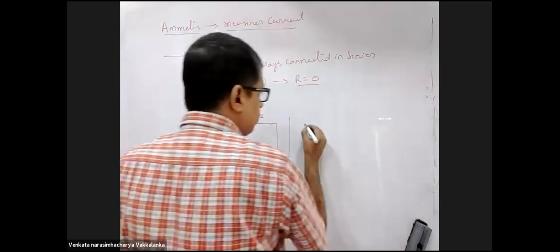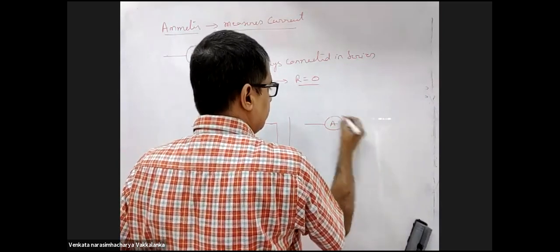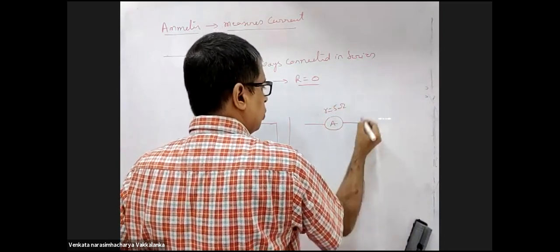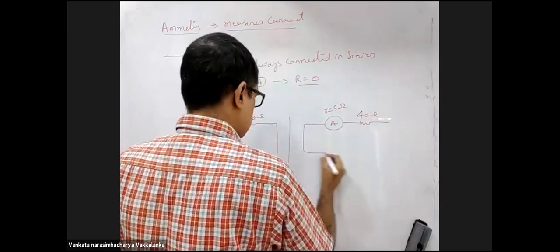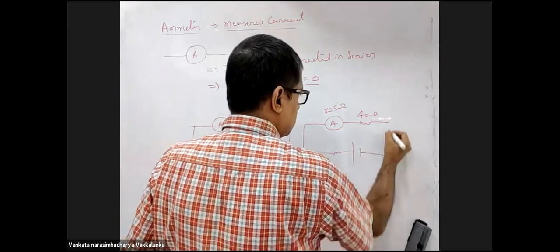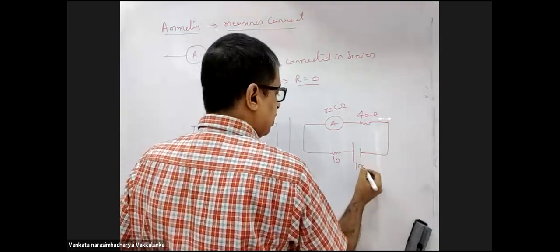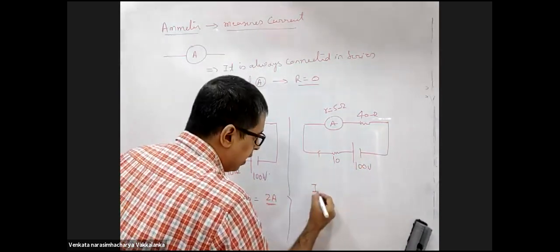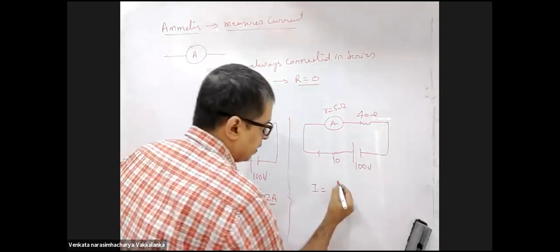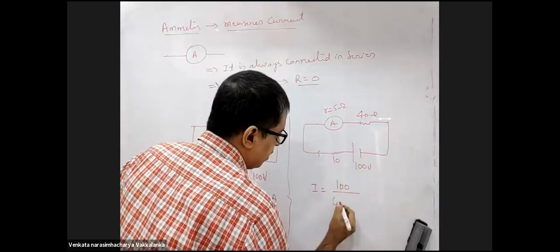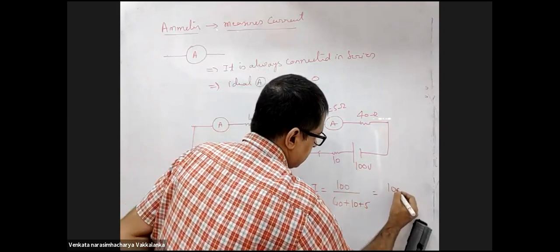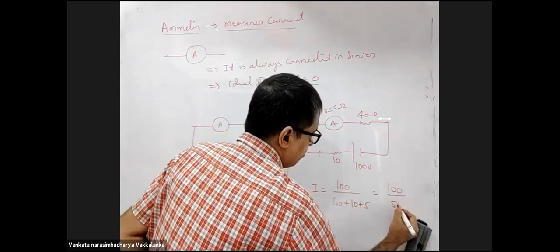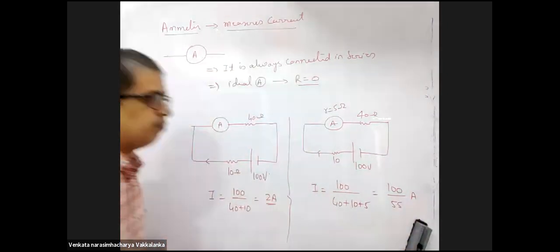A non-ideal ammeter will have a certain resistance, say 5 ohms. This will be 40 ohms, and you have a resistance this way. This is 100 volts. What will be measured? 100 divided by 40 plus 10 plus 5, that is 100 divided by 55 amperes.